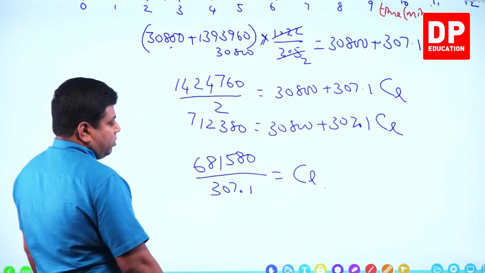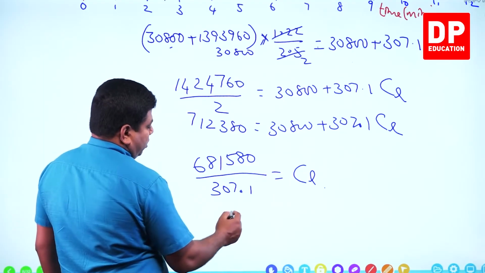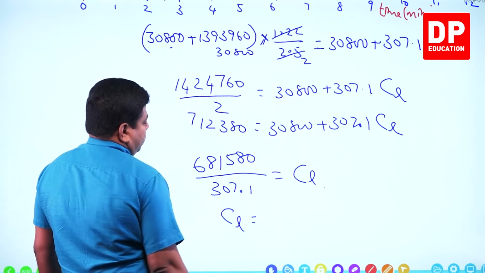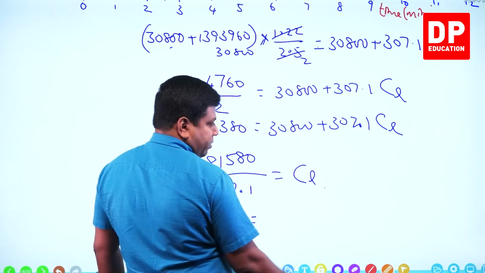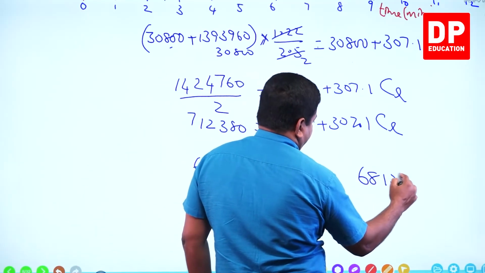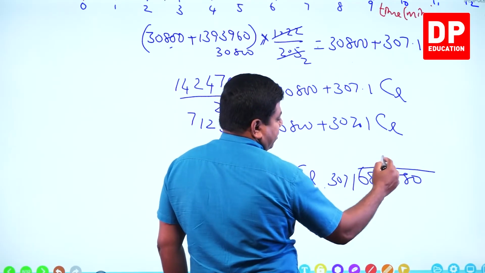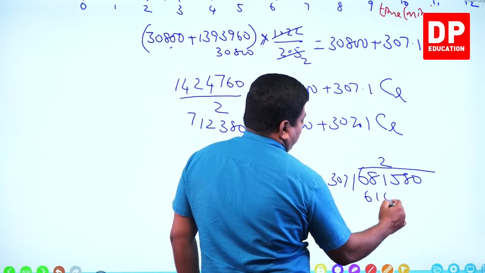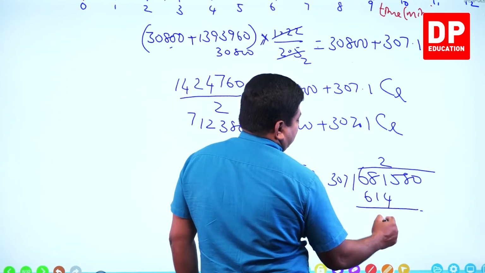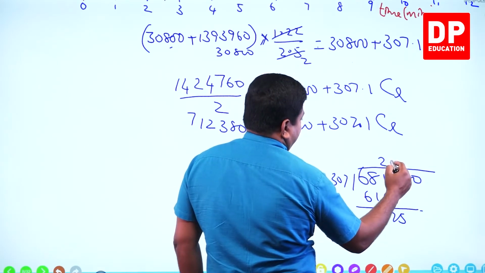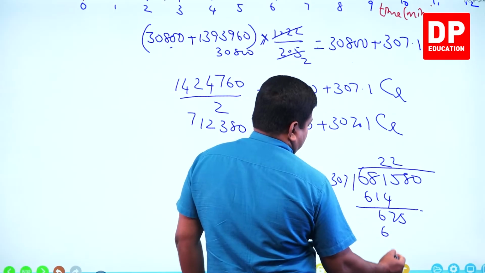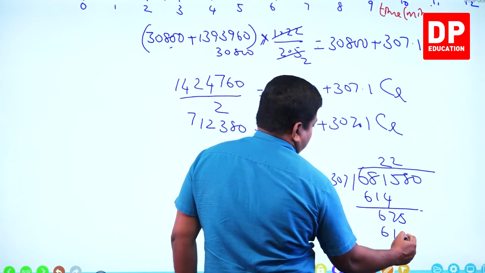Right? So it's more than 2,000. Shall we check? 681, 580, 307, let's say, 2, 614. Then you have 67, 5, again 2, 307, 614.